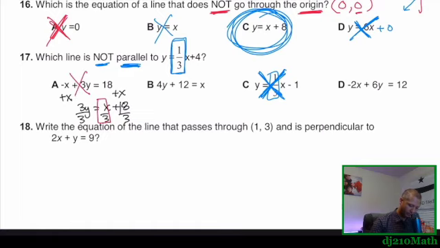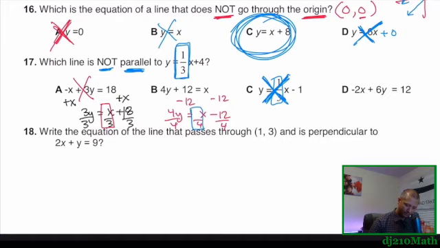So it's not A. Let's try B. I'm going to subtract 12 from both sides. So 4y is equal to x minus 12. Dividing everything by 4, here we see that the slope is 1/4.